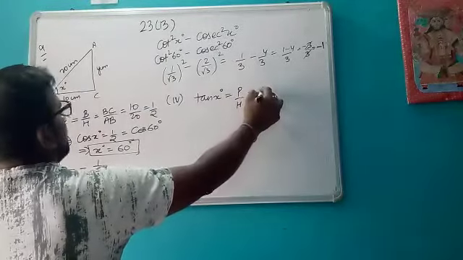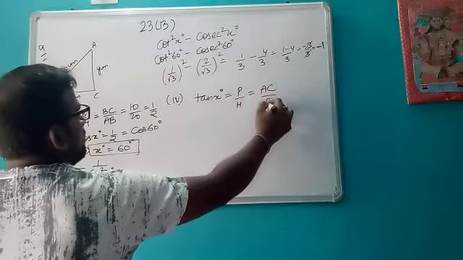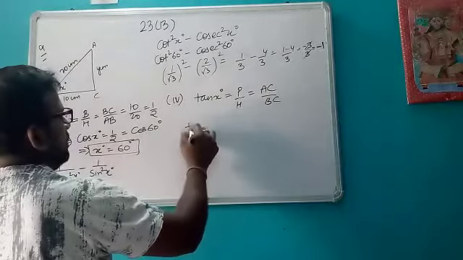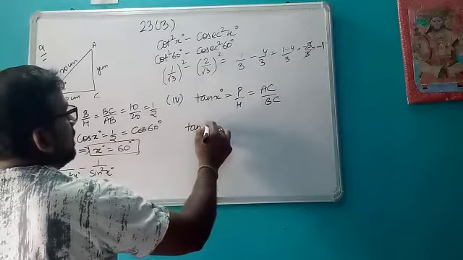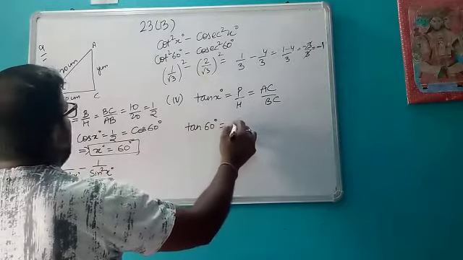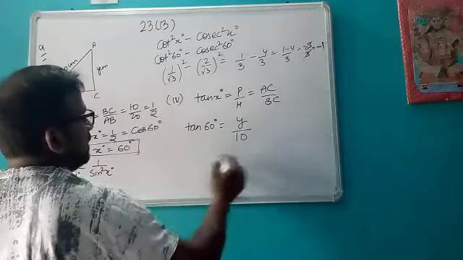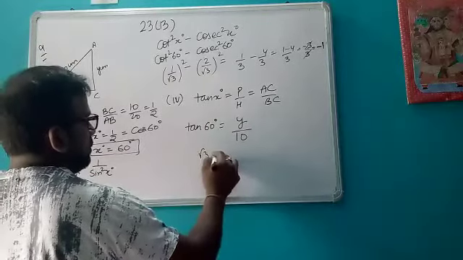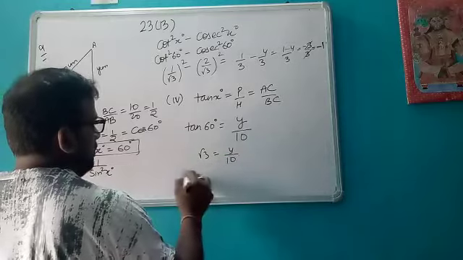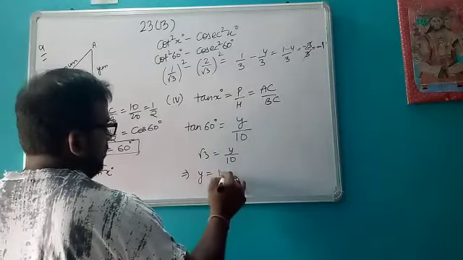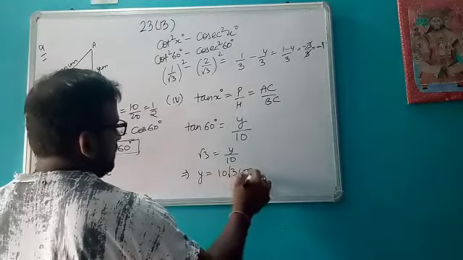Perpendicular, that is AC upon BC. So what was x? x was 60 degree. AC we want to know and BC is 10. So root 3 is equal to y upon 10. That means what is our y? y will be 10 root 3 centimeter.